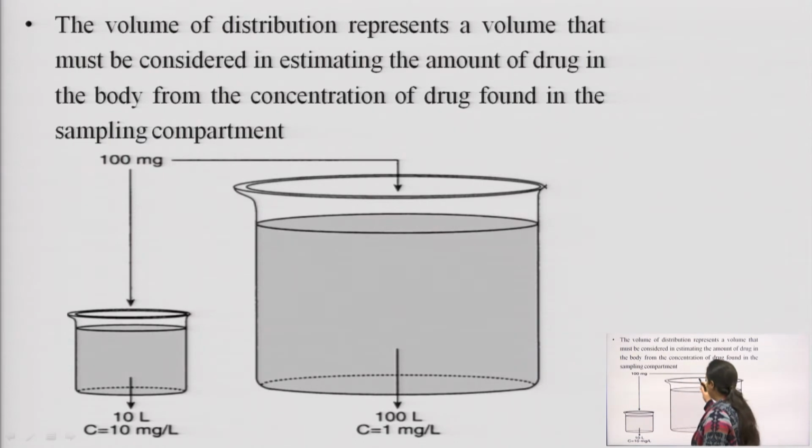So, you see this is the main compartment. Here the volume is 100 liter and the concentration is 1 mg per liter. It is basically the central compartment, whereas in this small organ, 100 mg of drug is present. So, in this 100 liter, 1 mg of drug per liter is present, whereas in 10 liter, 10 mg.